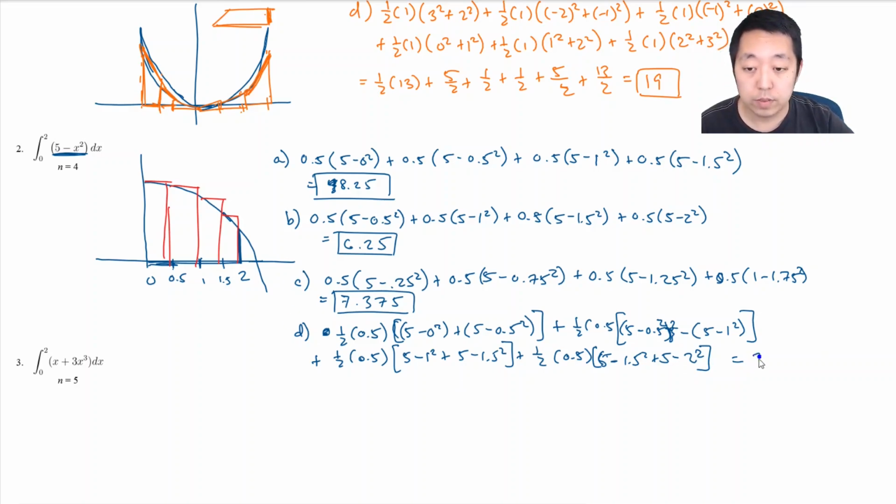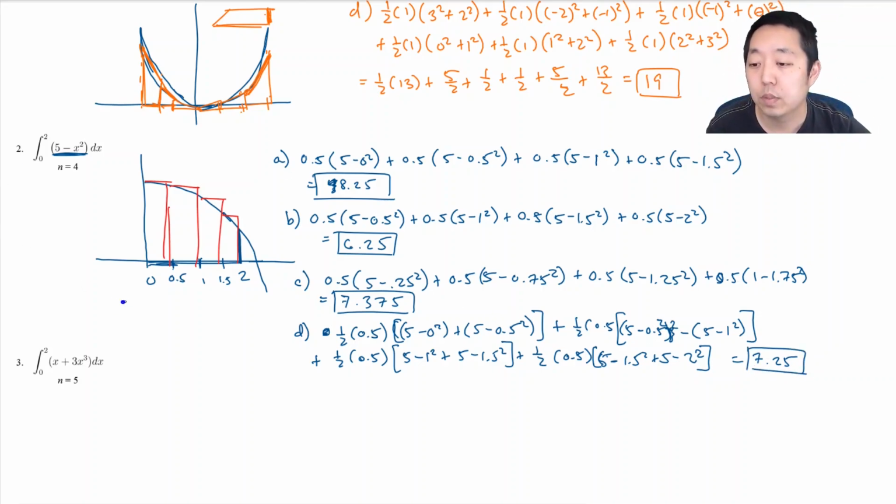And I get 7.25 when I use my calculator. So the area is somewhere in those ranges, right?